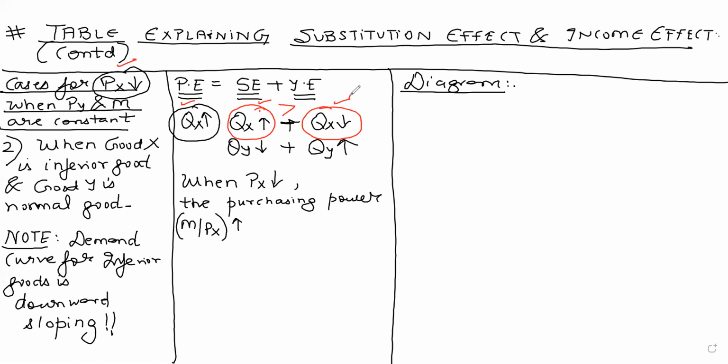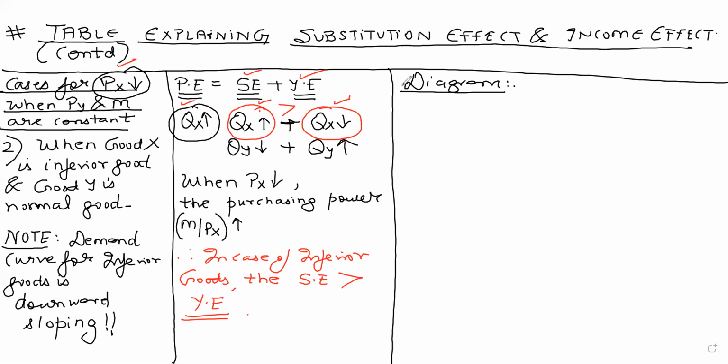But in totality, we want Qx to rise. That will happen only when substitution effect dominates the income effect. So I can say, therefore, in case of inferior goods, the substitution effect always dominates the income effect.